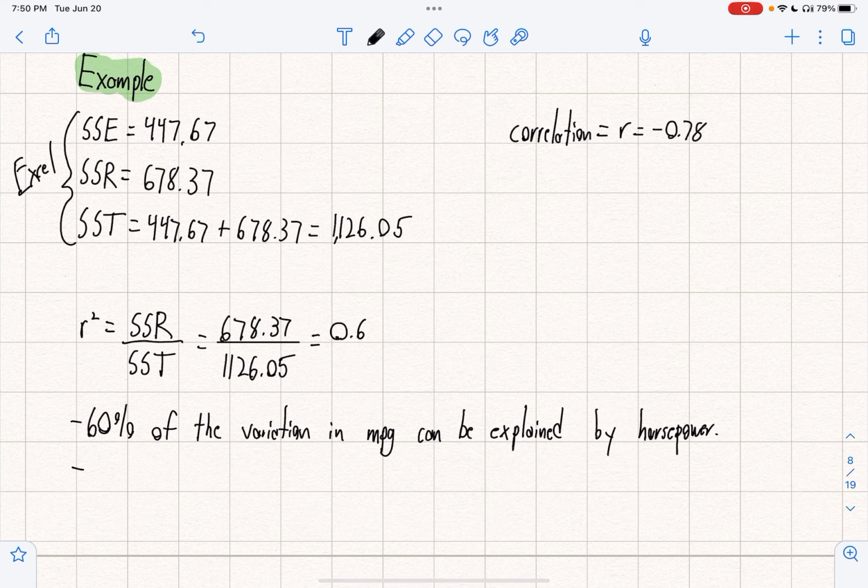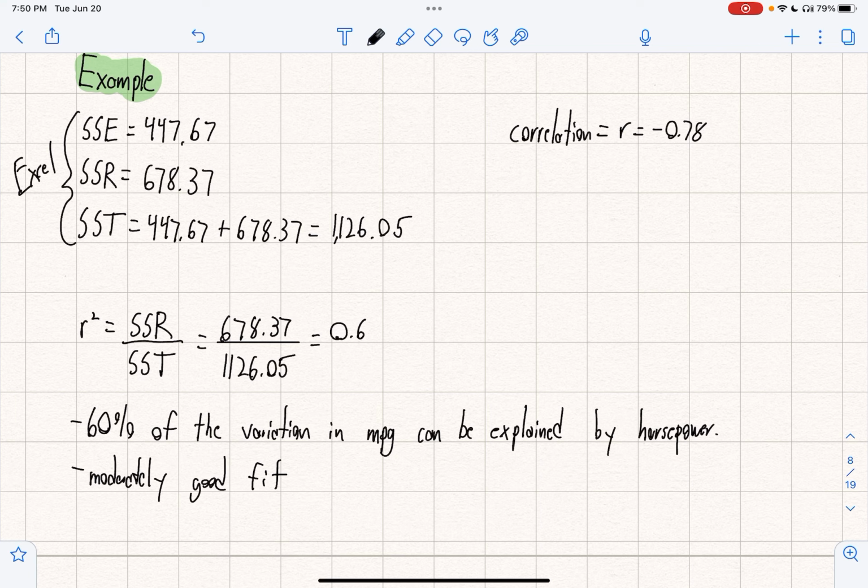So we might say this is a moderately good fit. It's not very close to 1, but it's above 50%, so let's just say it's moderate. These are all subjective words, but if it was very close to 1, we would say it's a good model fit. If it was close to 0, we would say bad model fit. So I'm saying any middle values, we can call that moderate.